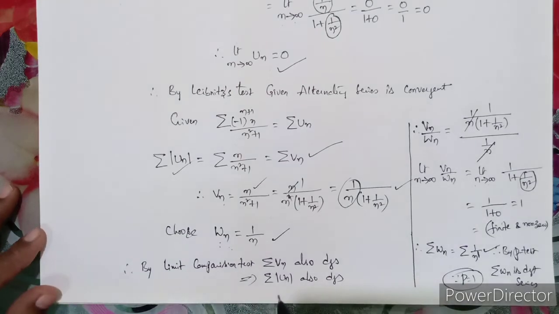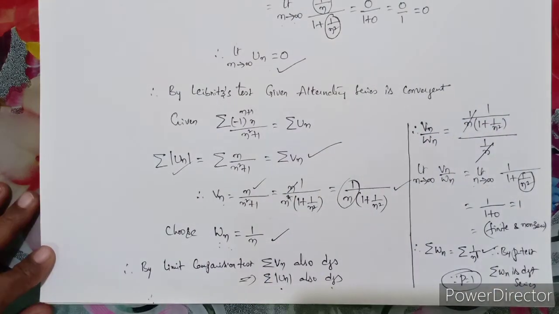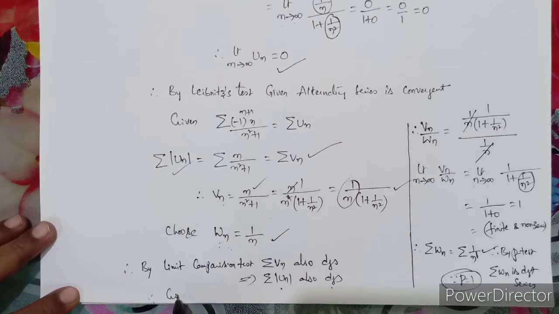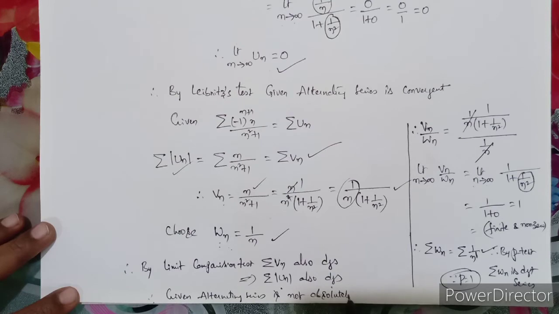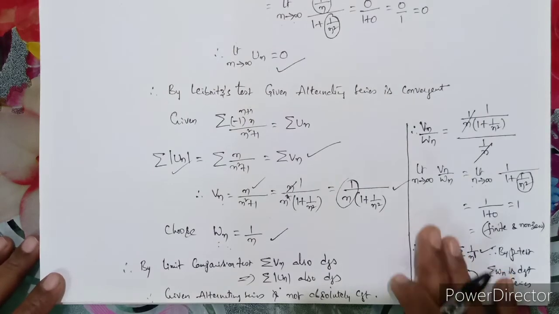If sigma mod un diverges, then the given alternating series is not absolutely convergent. That means it is conditionally convergent, or you can call it semi-convergent. Therefore, the given alternating series is conditionally convergent.